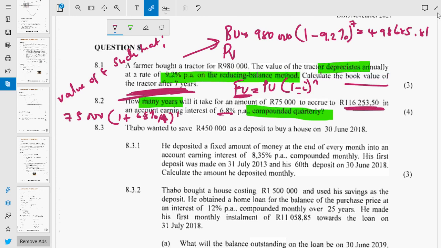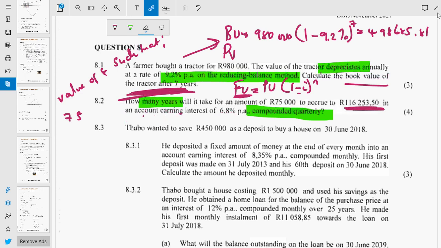Now if I write t here, whatever t I'm going to get will be in quarters because my rate is in quarters. Now, if I multiply this t by 4, that means now t will be in years. Okay, now I feel like I'm confusing people.